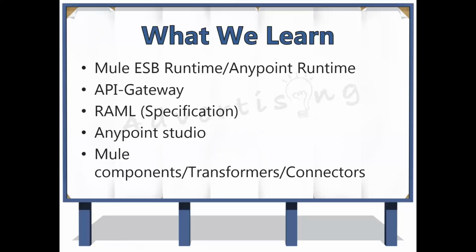It's not different from an on-premise server, the only thing is it's on a cloud. Apart from that, you will have an API Manager where you will apply a few policies and implement some security mechanisms before the request routes to your actual application.